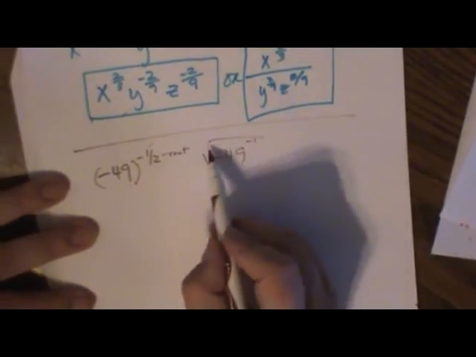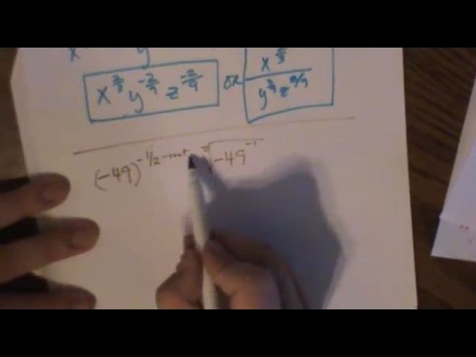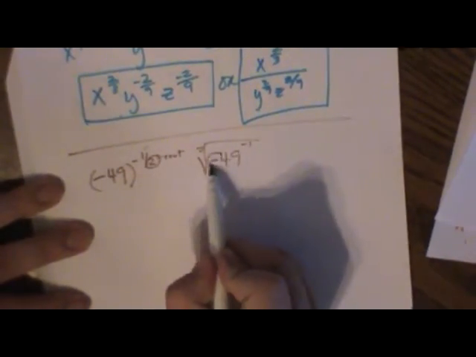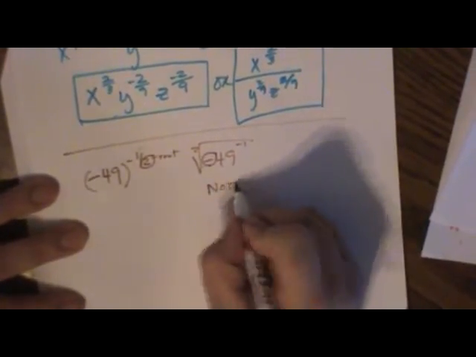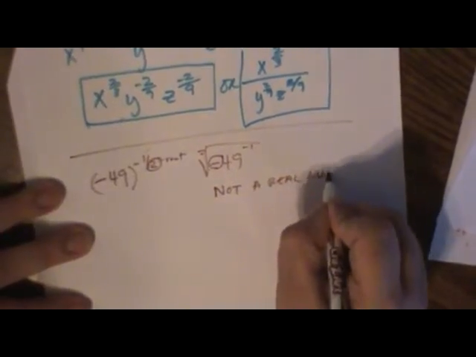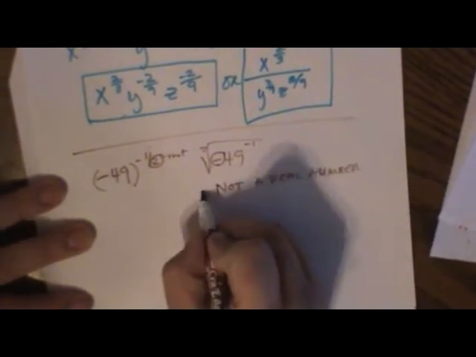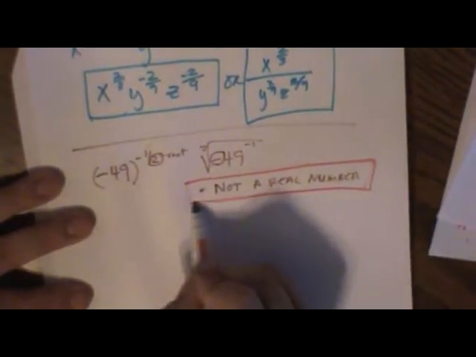Because this is an even number, it won't pull out the negative. So we have not a real number. That's our answer.